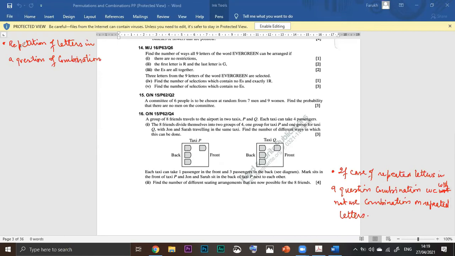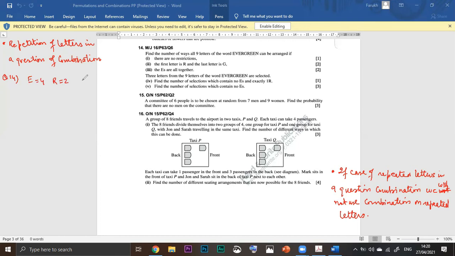Question number 14. There are how many E's? 1, 2, 3, 4. And V is 1. R, there are 2 R's. Any other repetition?